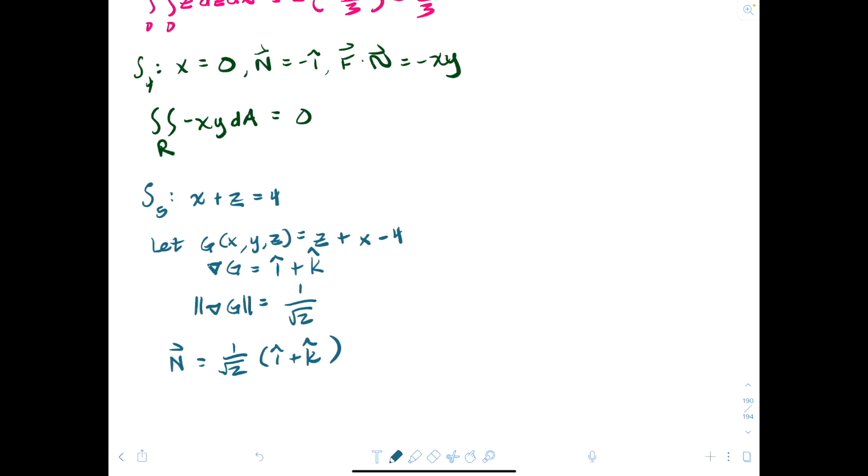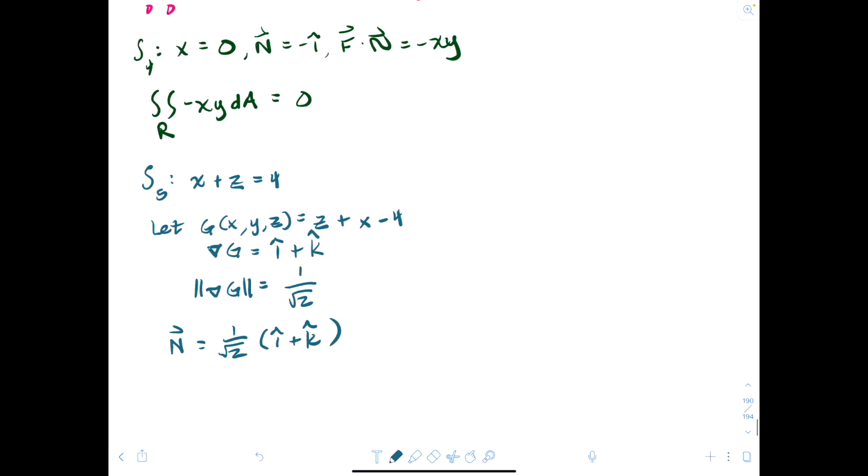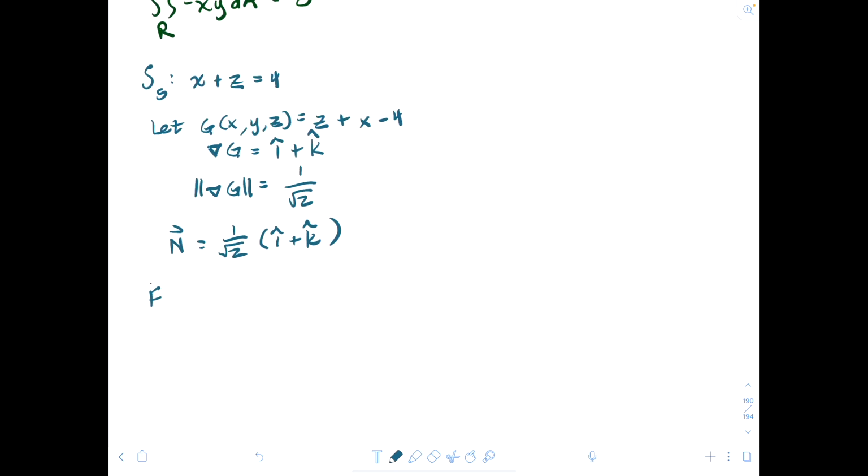Cool so far? So the dot product of the vector field with the unit normal vector is going to be 1 over root 2 times xy plus x plus y.